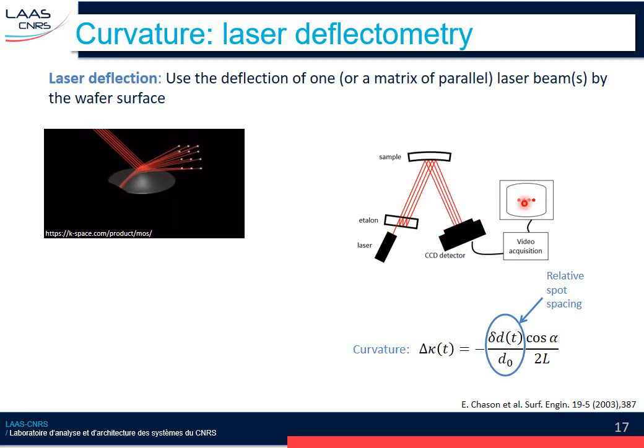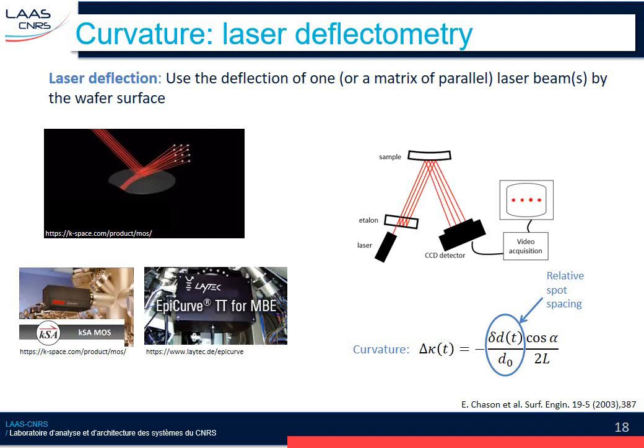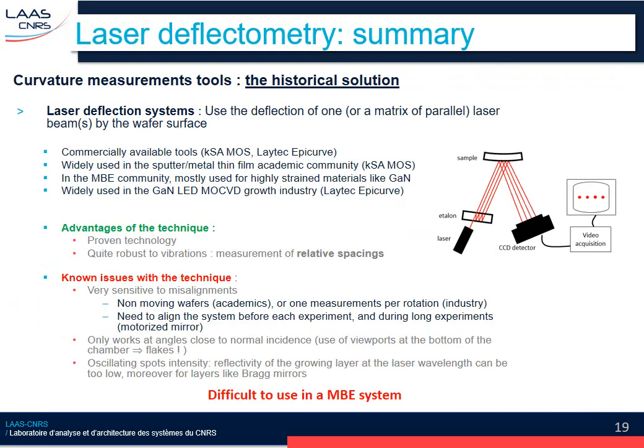If you measure the distance between the spots, you can deduce the curvature out of this distance. There are many different labs which have been using this technique, and you can also buy tools from different companies to use this technique. So why not just use laser diffractometry?